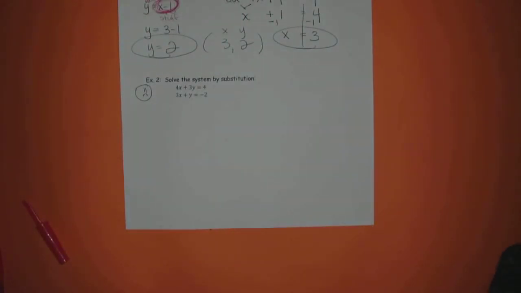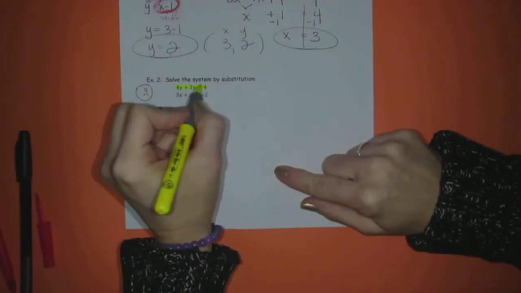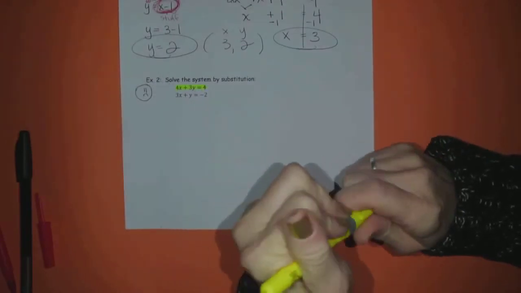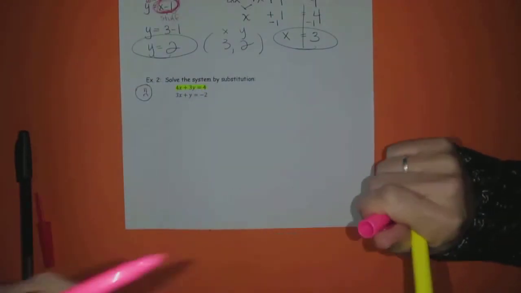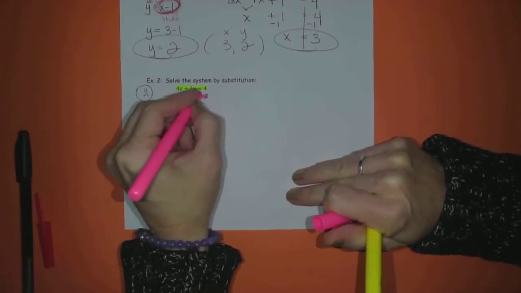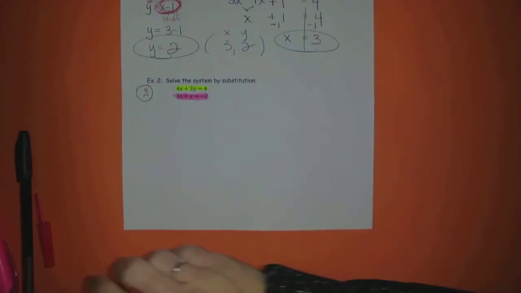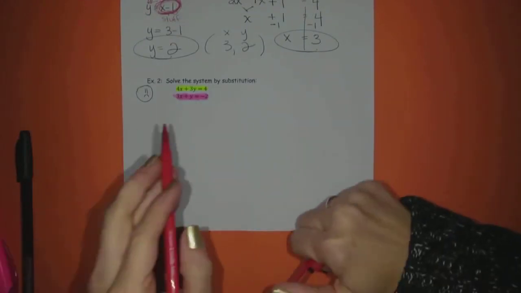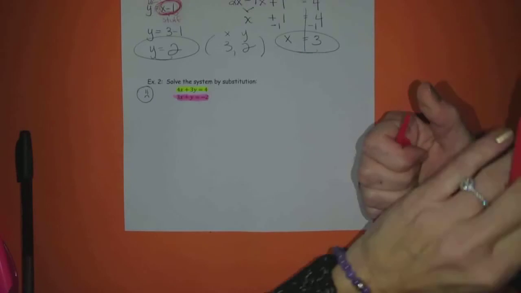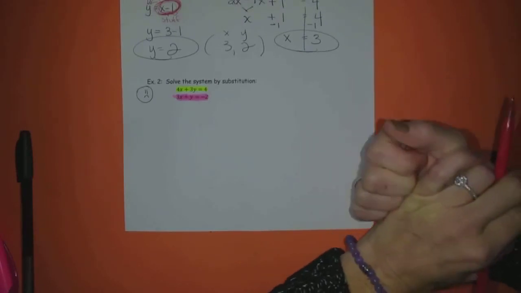You've got to look at these and ask yourself, which one of these equations would be easy to manipulate to get a variable alone? You can pause the video here and think about that. Which equation, if you manipulated it, would have an x or a y alone pretty easily?